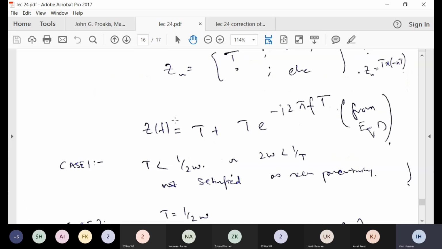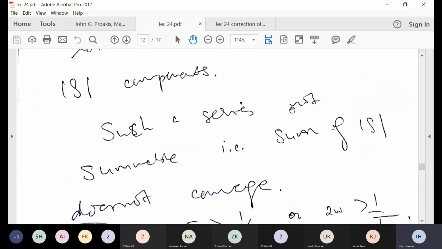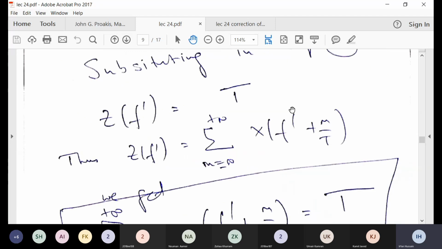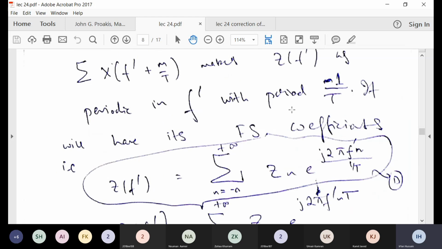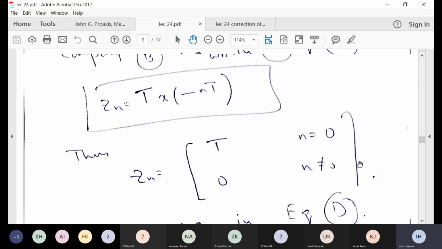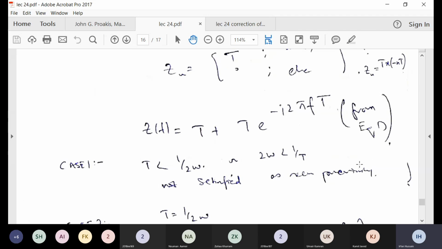Z of f dash will be equal to T for n is equal to 0, and then for n is equal to minus 1 this will be T, but this term, because of minus 1, you can see in this equation, for n is equal to minus 1 this will become minus j 2 pi f dash T. You can also write this f dash or f, same thing, no problem.